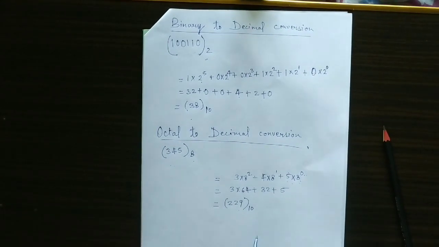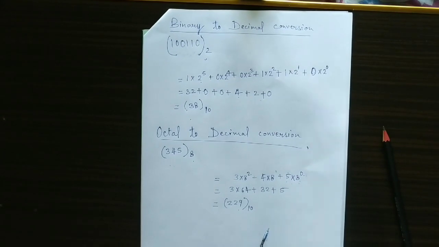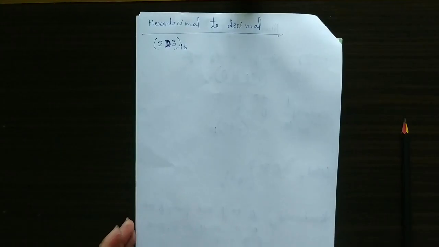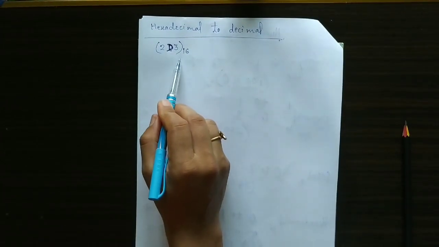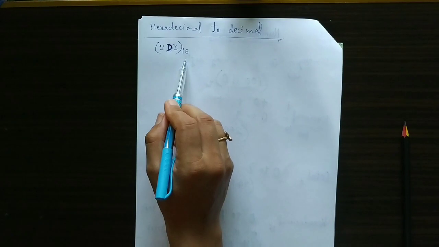Now we will convert hexadecimal into decimal. For example, the number is 2d3 base 16.